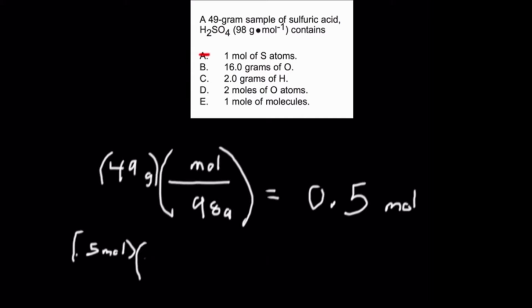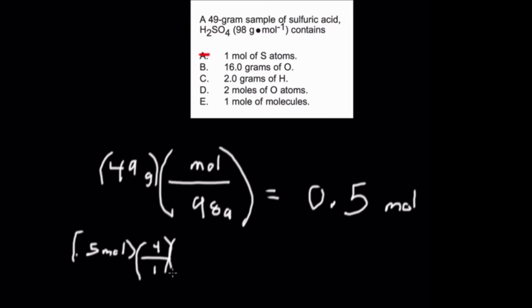So now, in 0.5 moles of the sample, we have 16 grams of oxygen. So this one's a little bit different. We can see in 1 mole, we can use this same ratio. In 1 mole, we have 4 moles of oxygen, correct?